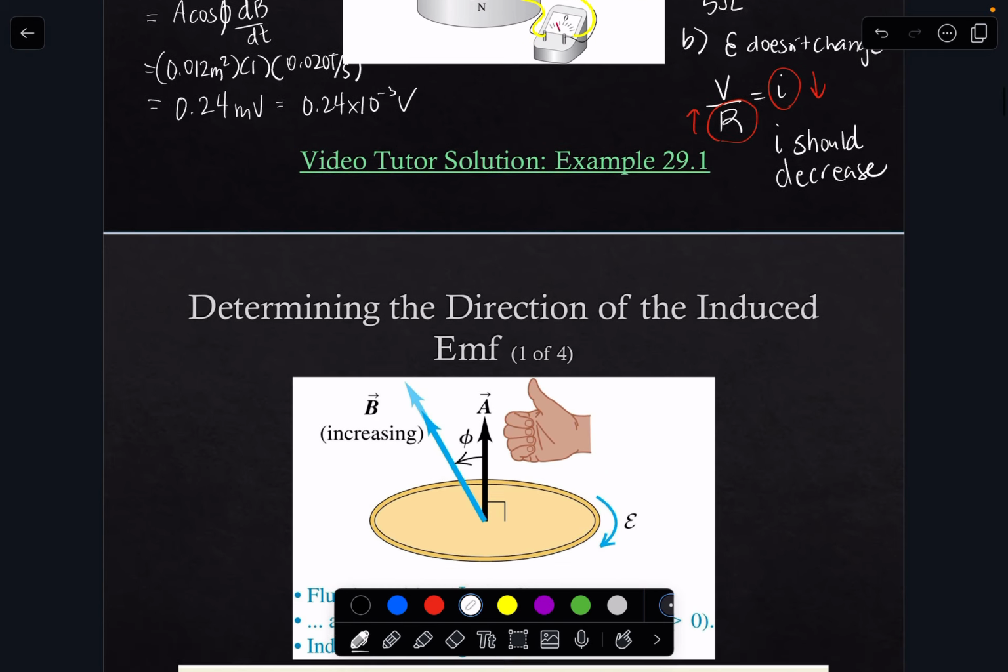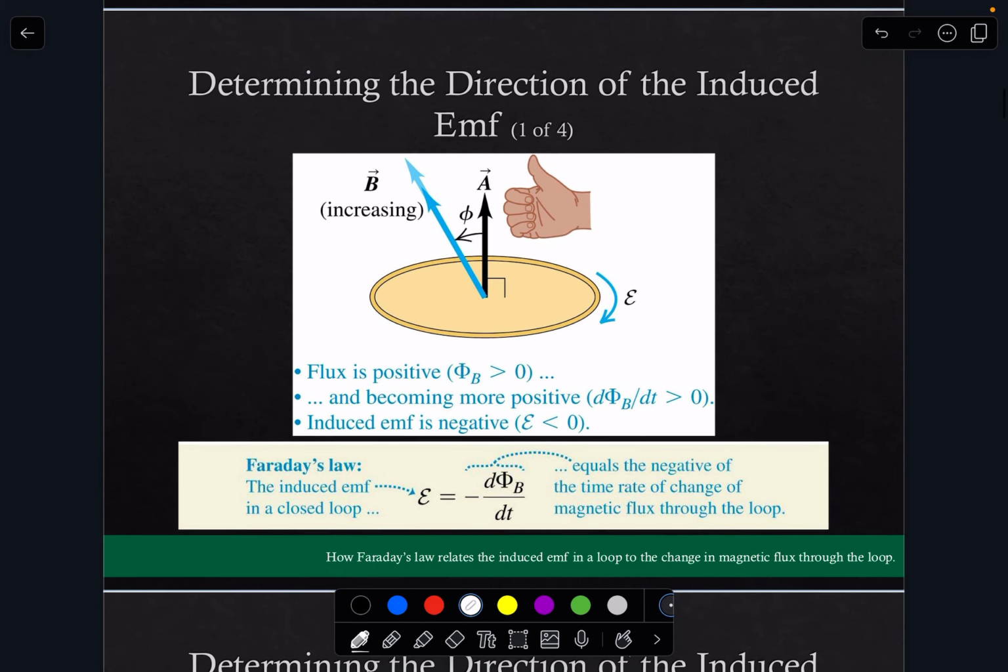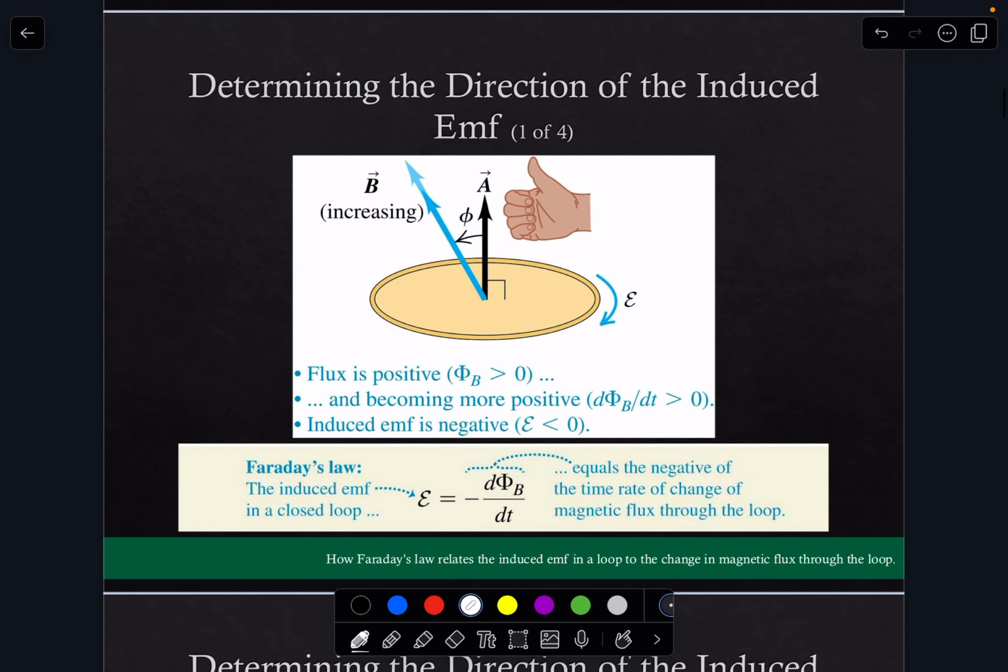All right. So now we kind of ignored the minus sign that was in Faraday's law. Let's talk about it. And let's look at some situations and understand what the minus sign is doing. So the EMF that's generated in Faraday's law is generated such that it equals the negative of the change in flux.